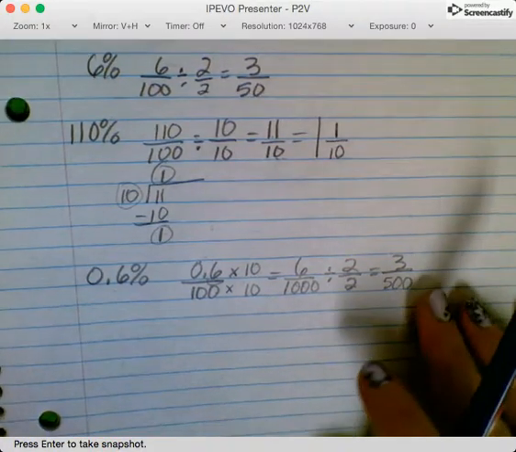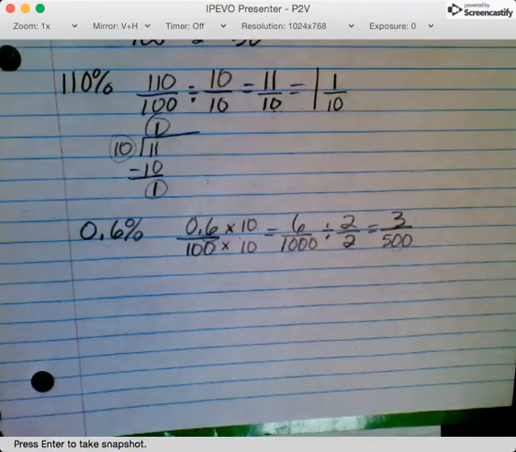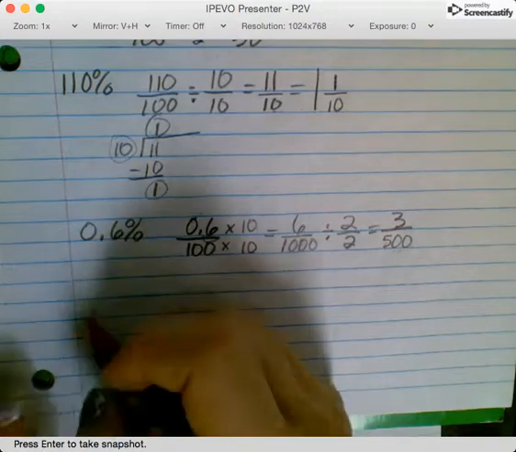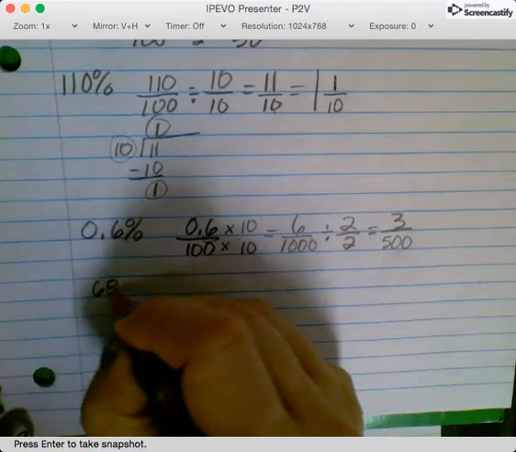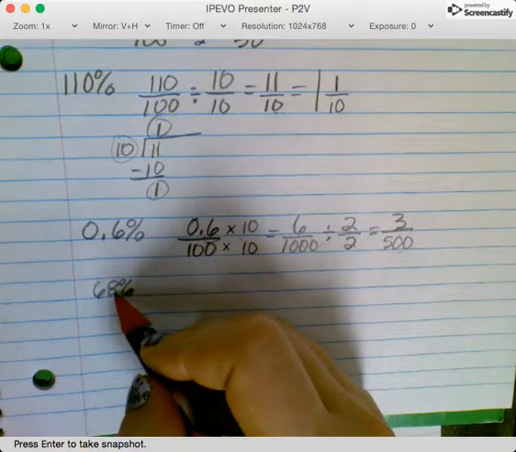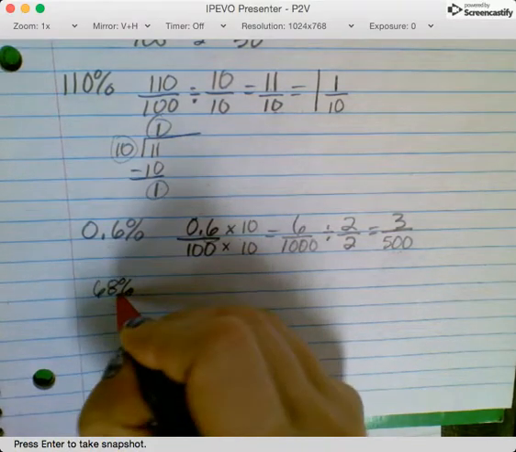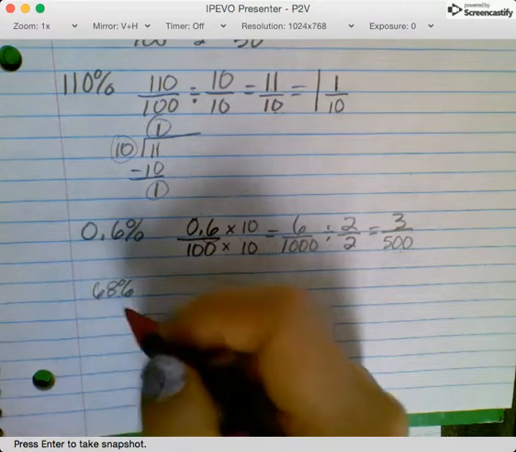All right, now let's get to some examples of just converting from a percent to a decimal. And this is pretty simple, I think. Let's start again with 68%. If you remember from previous learning, you should have an imaginary decimal here, is what I tell you guys.